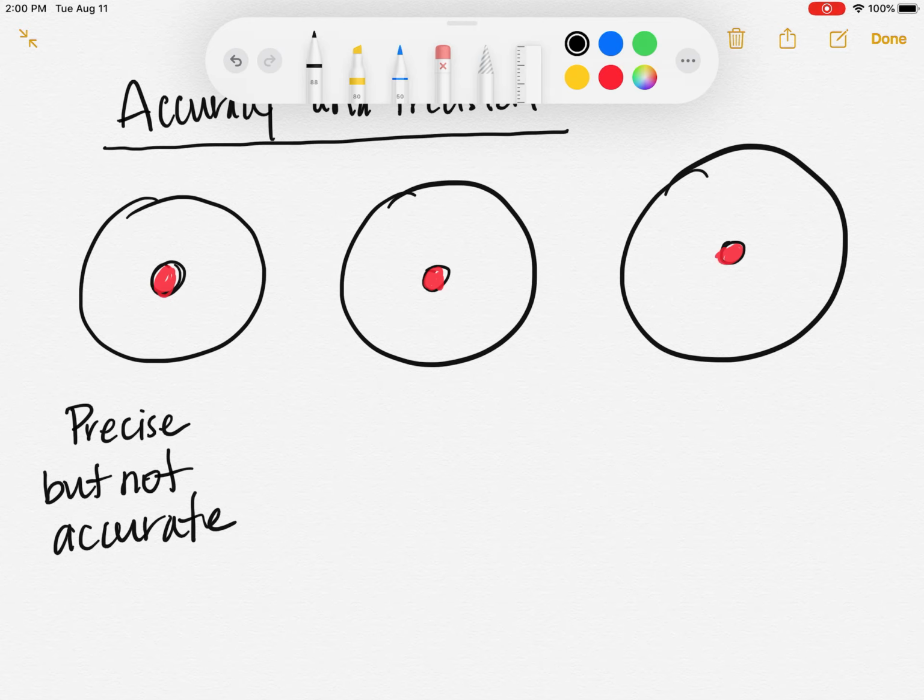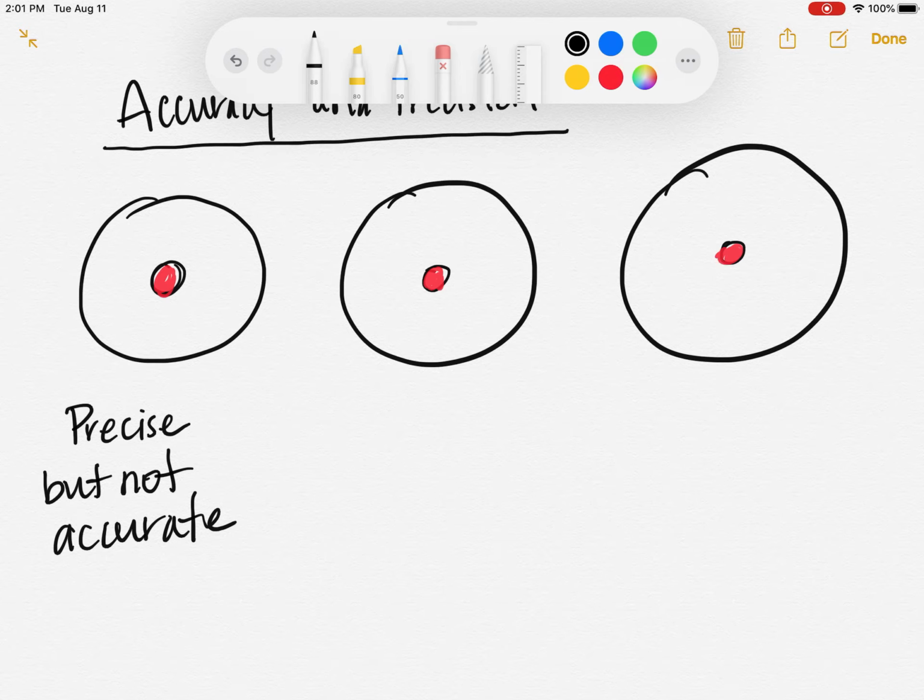Okay, what would that look like? Precise but not accurate. So think about that for a couple seconds, and see if you could put some darts on your target to represent somebody throwing darts who has good precision but poor accuracy. And then I'll come up with a couple other things in just a second.